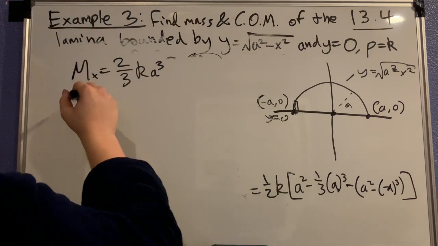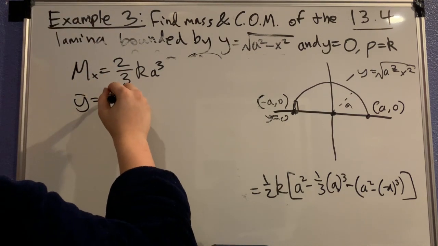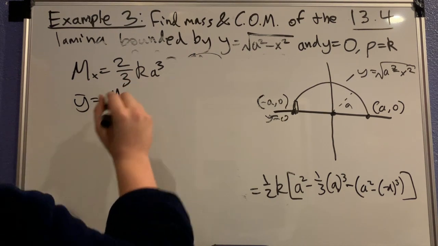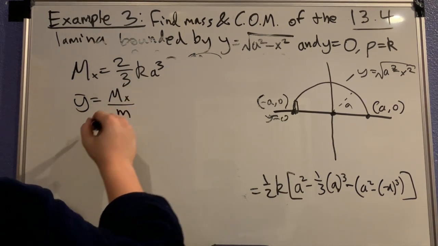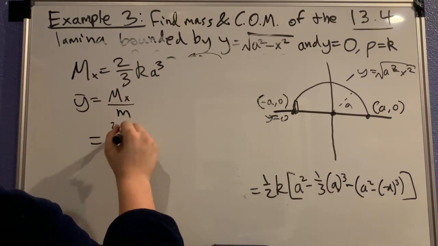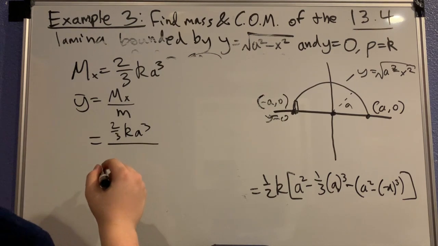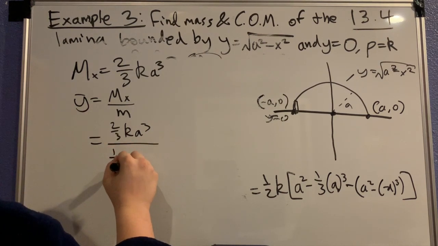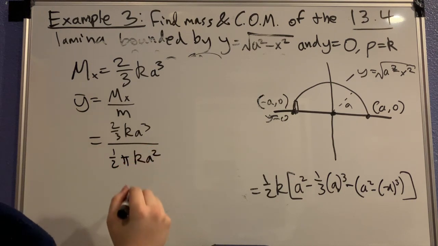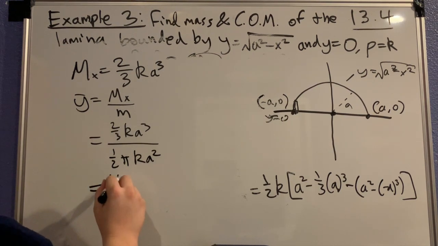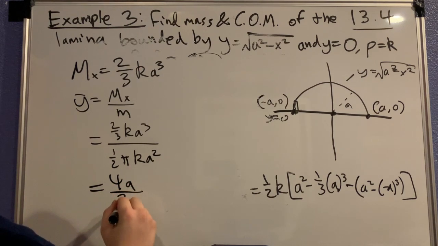So remember that y bar was just Mx over M, which is equal to 2/3 ka cubed all over 1/2 pi ka squared, because that's what the mass was that we found. This simplifies to 4a over 3 pi.